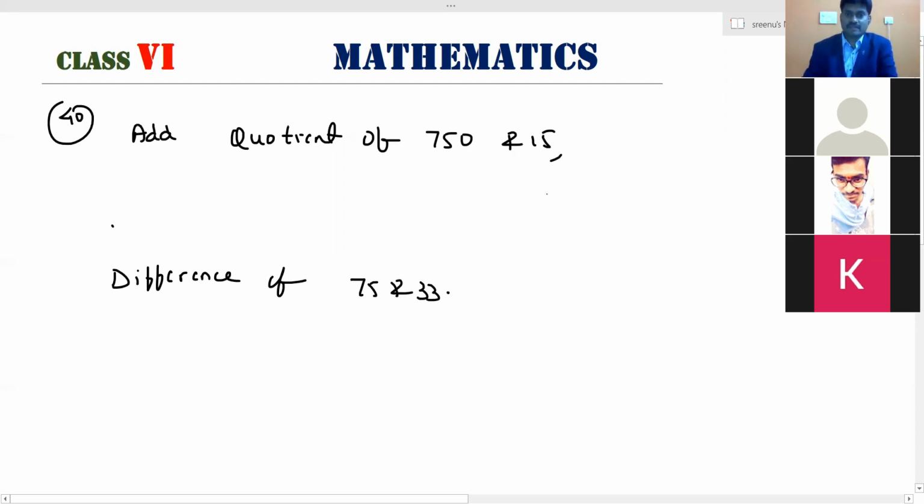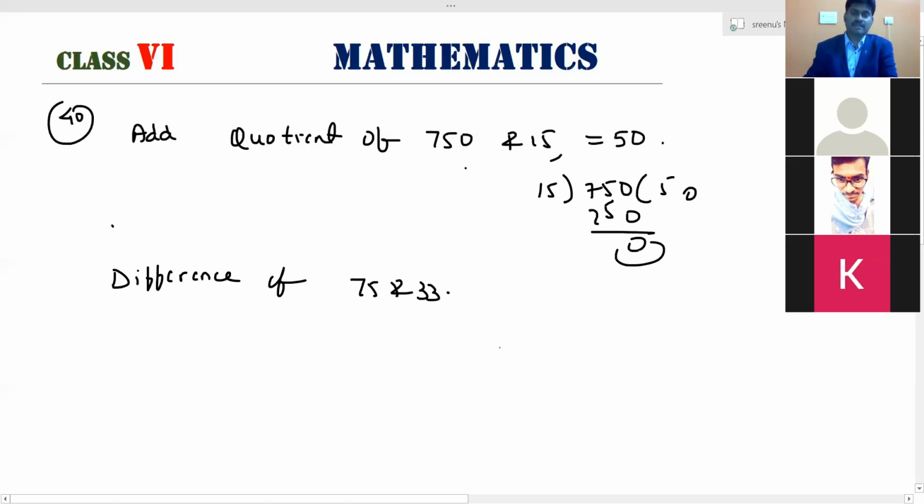Quotient means we have to divide, right? Let's divide. 15 5s we'll check. 5 5s are 25, 5 1s are 5, plus 2 is 7. So 50 will come here. So the quotient of 750 and 15 is 50.